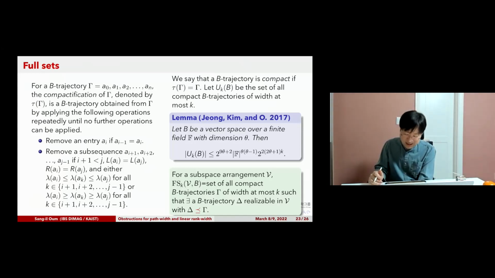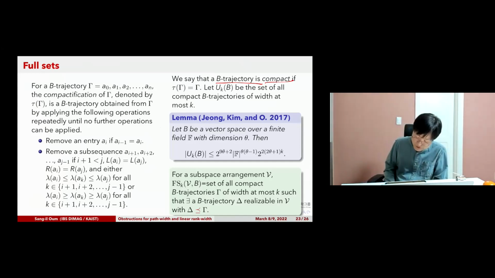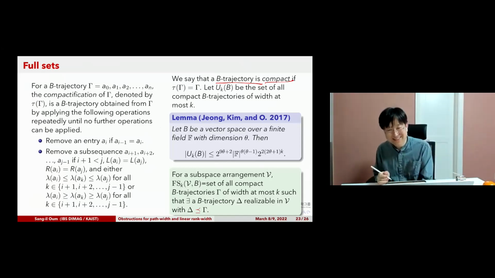And by using that, a bit trajectory is compact if you cannot apply these operations any further. And then by using Bodlaender and Kloks' theorem, we were able to show that the number of compact bit trajectories is bounded by this explicit function.